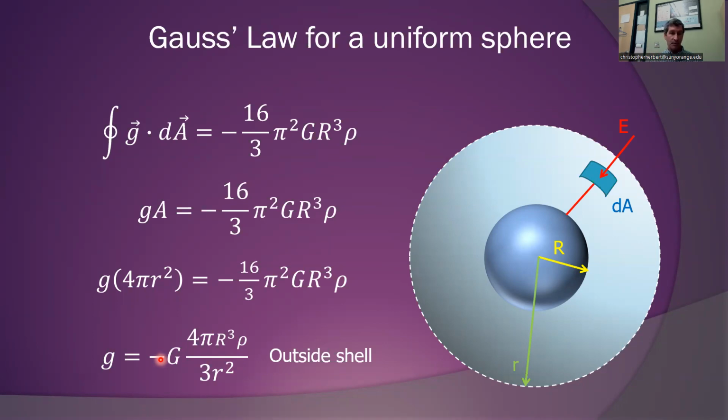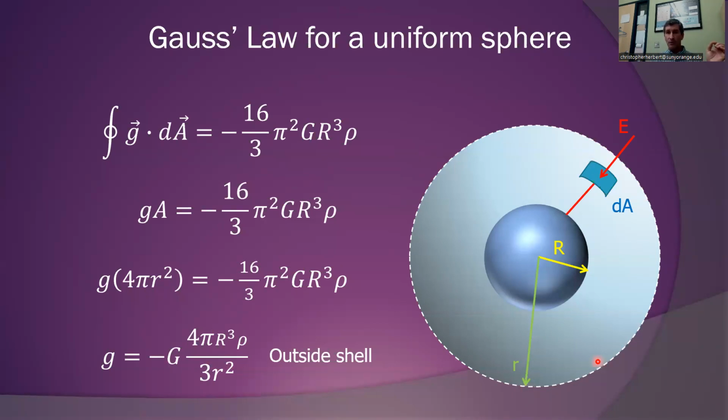That small g, the acceleration of gravity, at any distance small r is equal to negative G times the mass of the Earth divided by r squared. So Gauss's law does hold for any distance r. Again, using Gauss's law is a little bit strange when you first see it, because you're actually creating a sphere at some distance small r.